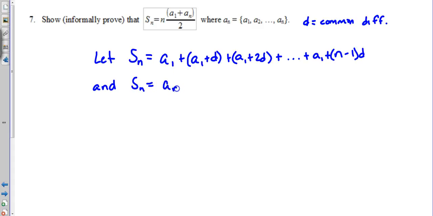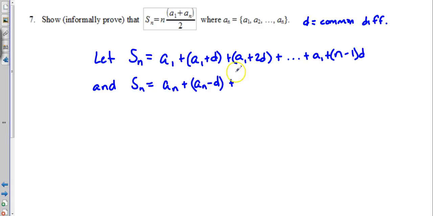So we know that a sub n is the last term, and we're going to add the second to last term, which we write in terms of a sub n. To go from the last term to the second to last term, we have to subtract a common difference. So here's the second to last term.